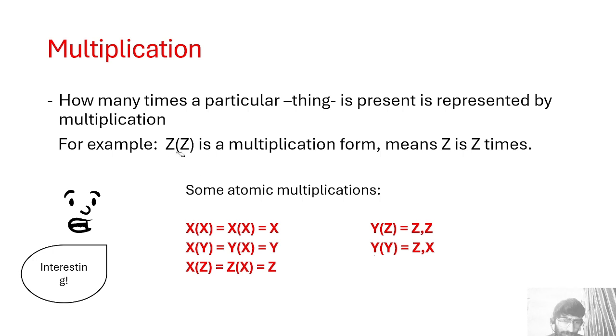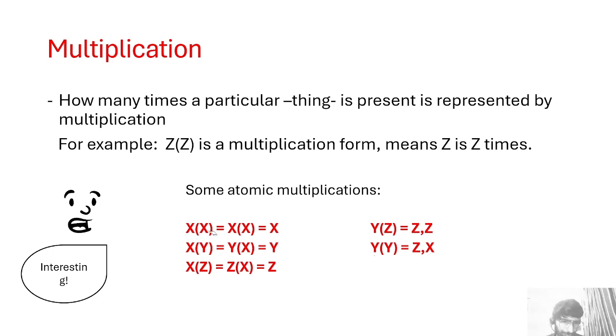For example, we have this well-known notion that z symbol is z times, and that's what we just said when we define multiplication. So it means the multiplication form means z is z times, which means this form is already a multiplication form, and here z is being multiplied with z. And some atomic multiplications are these, which represent simply the commutative property of multiplication.